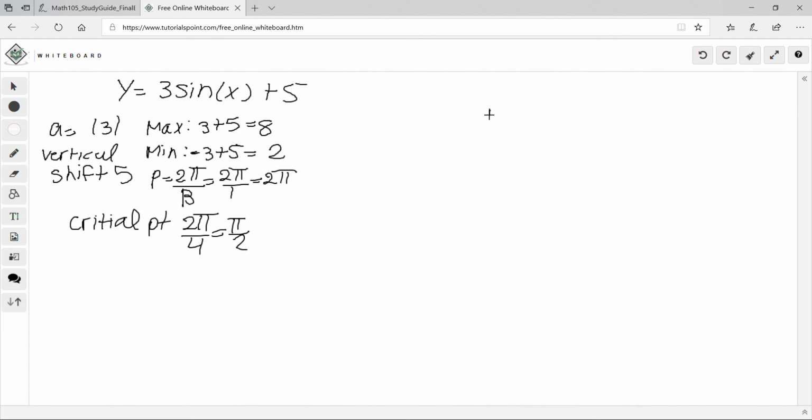We're going to have 5 points in total, including 0.